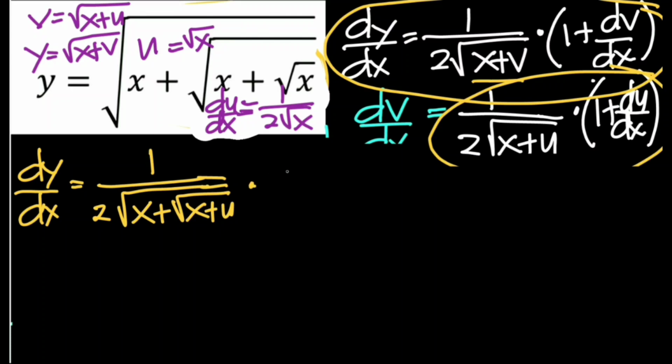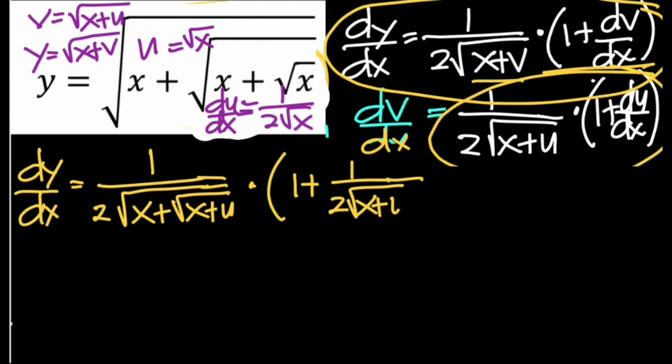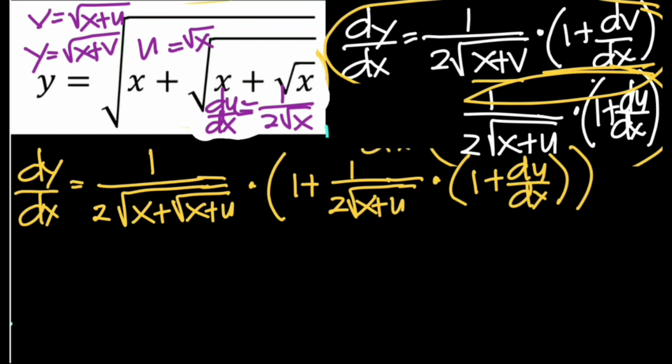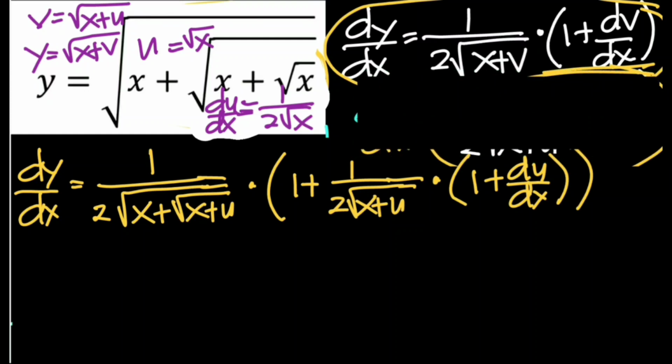So times 1 plus dv over dx. dv over dx is 1 over 2 square root of x plus u times 1 plus du over dx. So it's getting complicated now. And now we can plug in the value of u and du over dx.